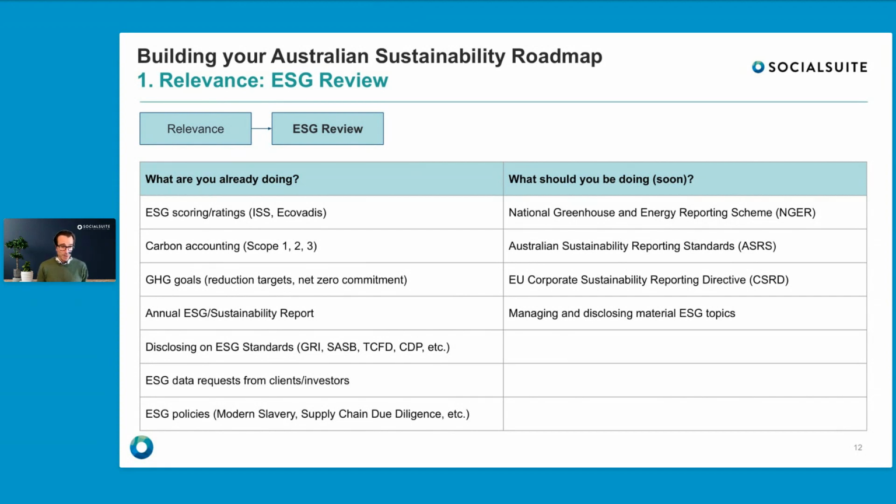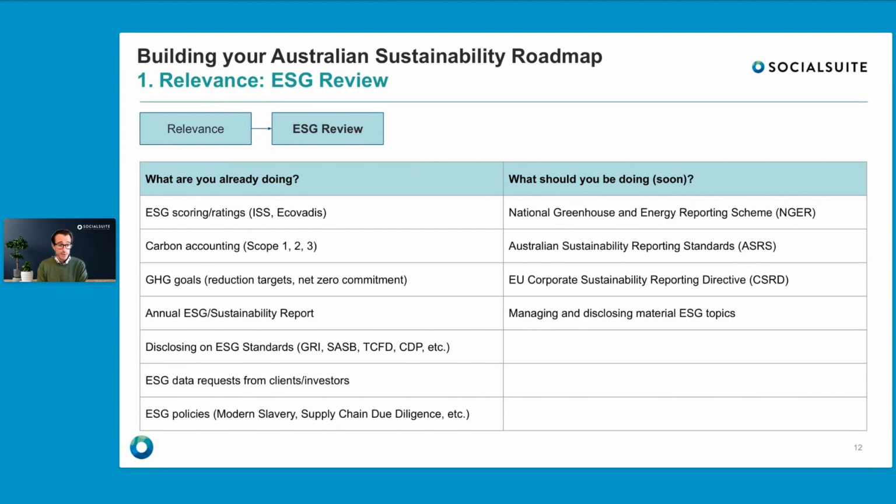With that, or separate from that, you might be disclosing on particular ESG standards. And common ones you might have heard of are GRI, SASB, TCFD, CDP, and there could be a whole range more. There's many out there. These are the ones that are quite common. There's also a lot of industry-specific ones.